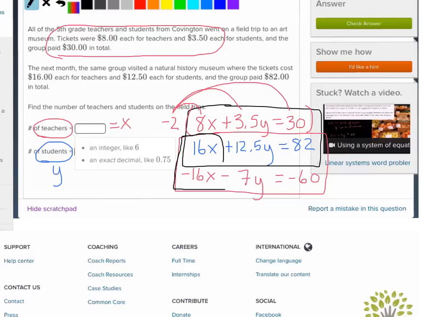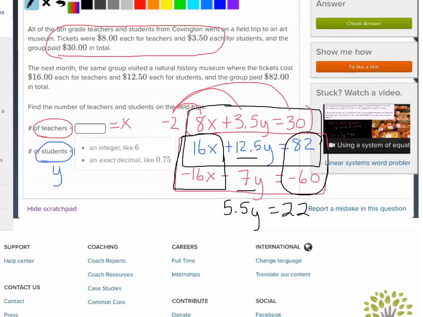16x plus negative 16x is 0x. And that's why it's called elimination. We essentially eliminated the x's. 12.5y plus negative 7y is 5.5y, and that equals 82 plus negative 60, which is 22.